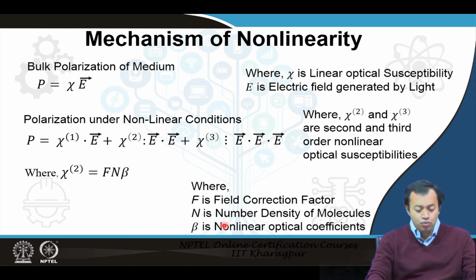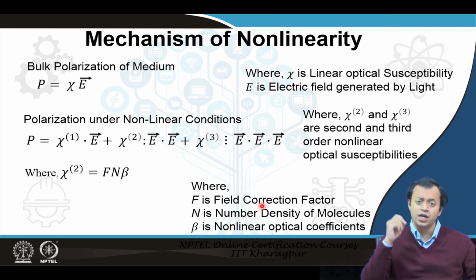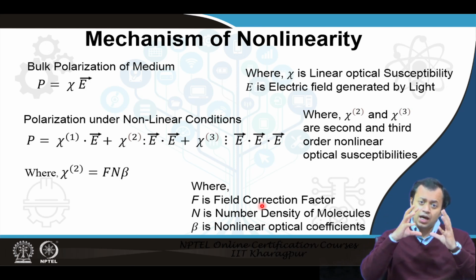So, the formula will obviously change from a simple formula to a power series, where you start seeing second and third order optical susceptibility terms, chi 2 and chi 3, coming up, where chi 2 is given by this particular formula, where f is the field correction factor, which simply determines the electric field redistribution, electric field modification at each single atom or each single molecule, depending on the individual electron cloud distribution.